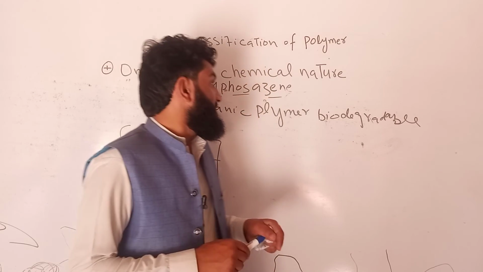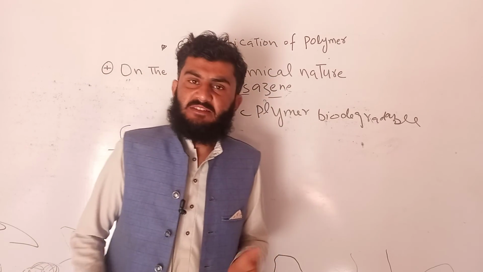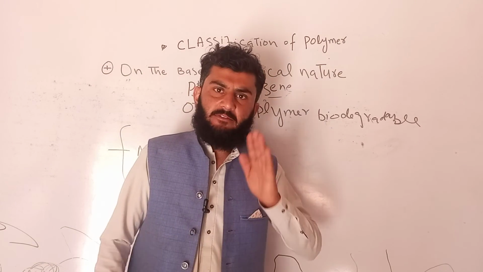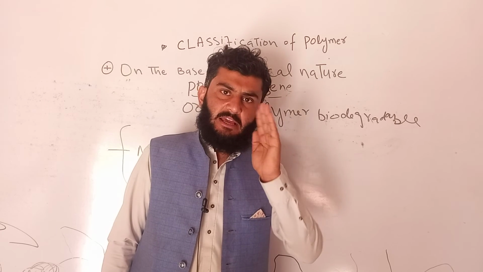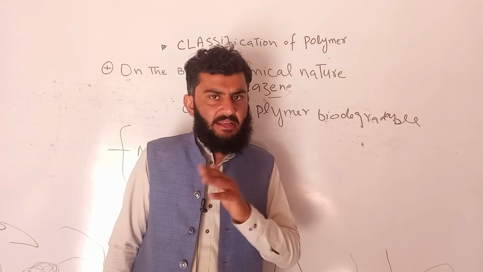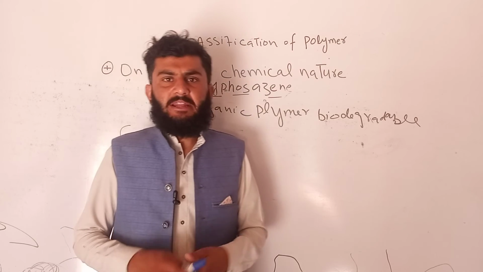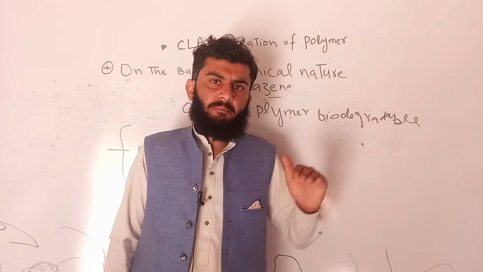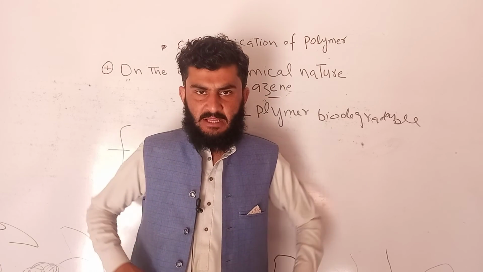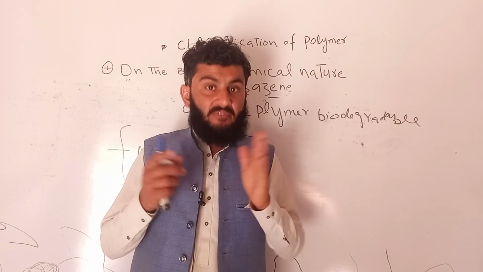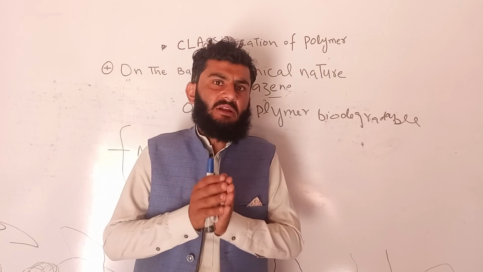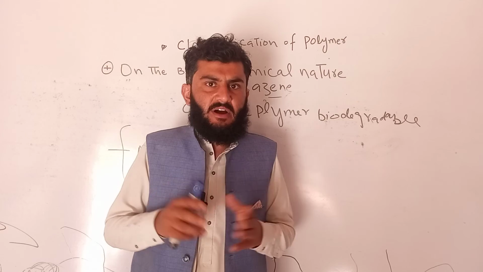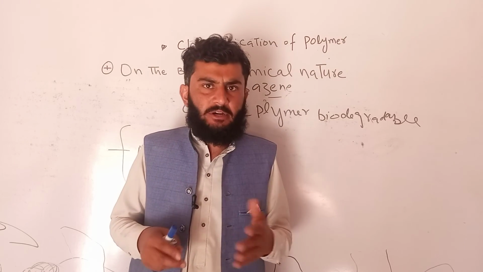Clear? So it was about classification of polymer on the basis of chemical nature. They may be organic and they may be inorganic. Organic polymers are those where the main backbone is formed of carbon. Organic polymers are friendly with the environment, meaning they are biodegradable.